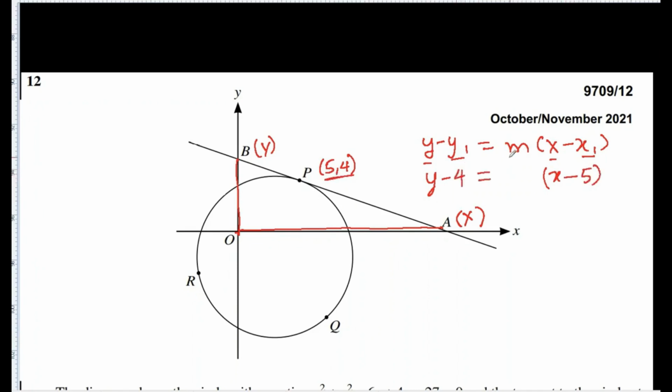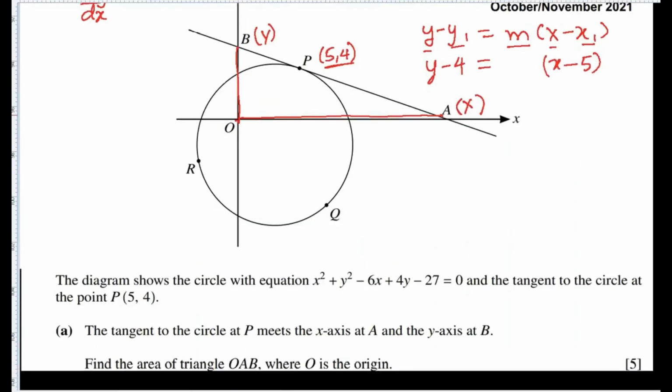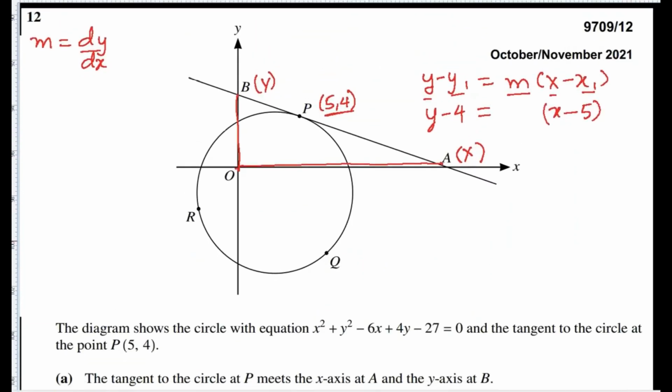So now the only thing left is the gradient of the tangent, and the gradient of the tangent m is nothing but dy over dx. And to find dy over dx, we'll have to differentiate the equation of the circle with respect to x. And let's do that by implicit differentiation.